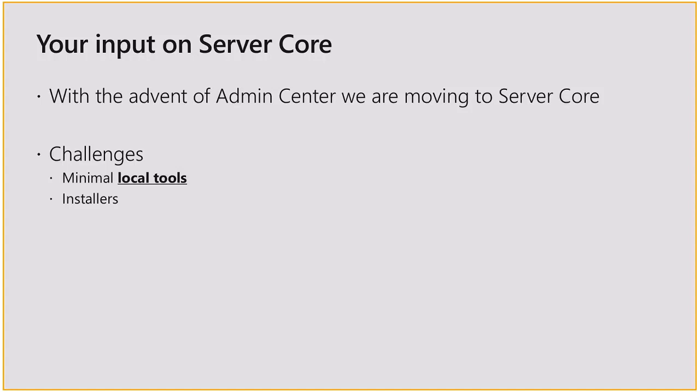That's number one. Number two, the surface area of attack. As soon as I have an operating system with a GUI, my surface area of attack increases because there are more applications installed. And if you have a web browser and you have a GUI, when people are setting up a server, what are they going to do? They're going to go straight to the internet from that server, probably before your anti-malware tools are installed.